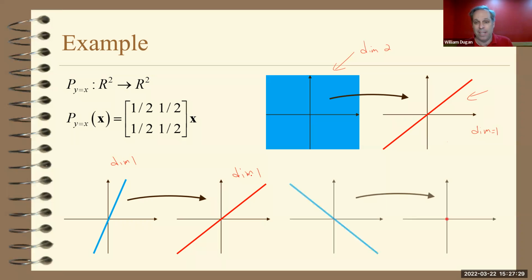To see that, take the space that lies on the line y equals negative x, which is orthogonal to the line y equals x. Take that blue line and project it onto the line y equals x. All those vectors on the blue line all get sent to the zero vector. This still jives with what I've said so far.